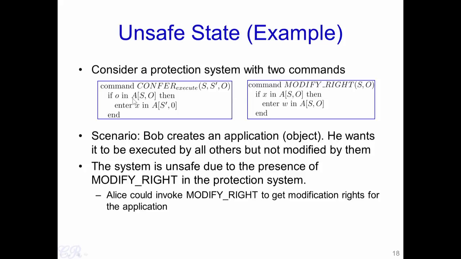Essentially, if a subject has the execute right for an object, then that right is transformed and transferred, and it causes the W right to also be associated with that object for that subject. Therefore, this particular state in the system is an unsafe state.